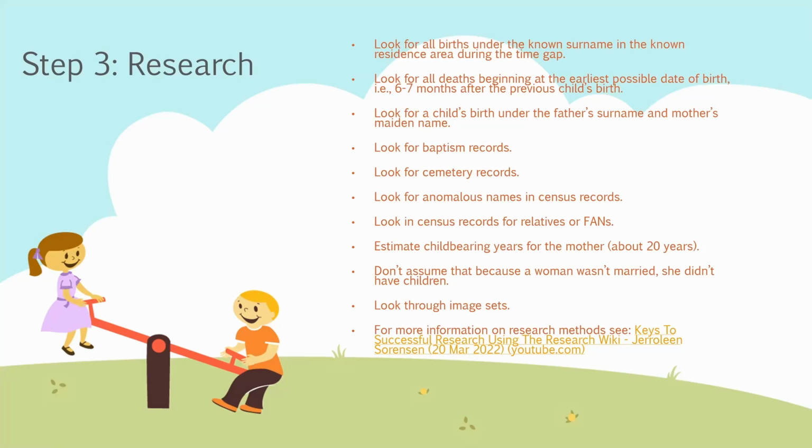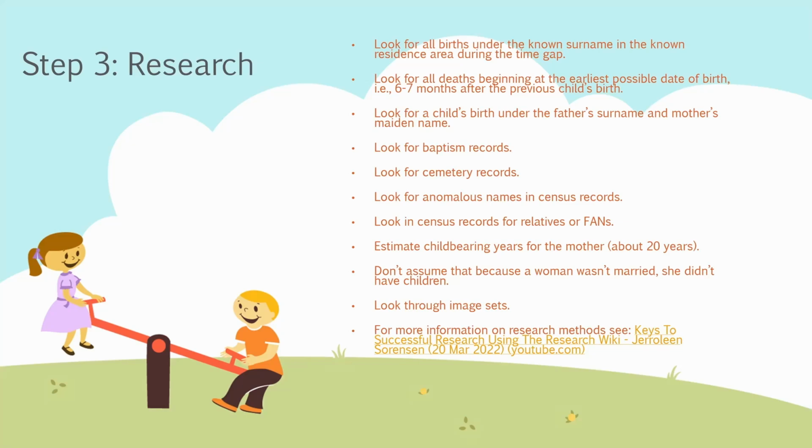So look for different names than you expect in census records, and those can sometimes signal, oh, this is a child of somebody else in the family, or someone close to them, and they may have adopted that child. Look in census records, like I said, for relatives or family, friends, associates, neighbors.